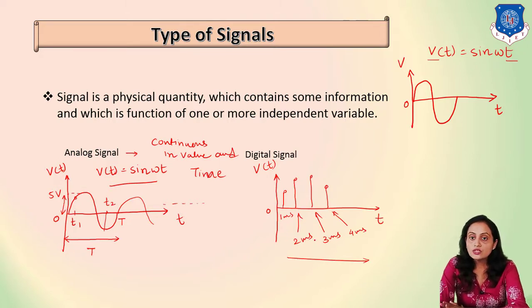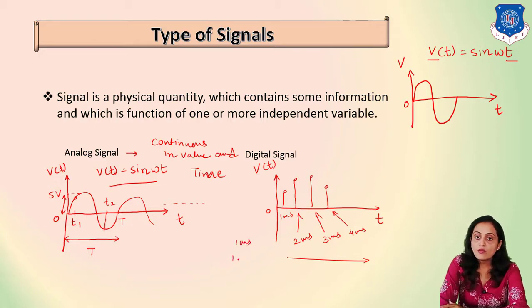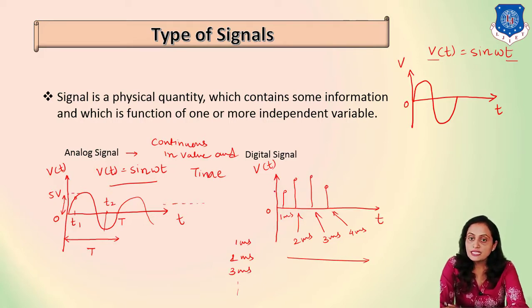From 1 millisecond to 2 millisecond, we have a number of values of time, that is 1.5 millisecond, 1.8 millisecond, but the signal only has a value on some instances, and these instances are 1 millisecond, 2 millisecond, 3 millisecond, and so on. And if we see the values, for example this is 2 volt, this is 4 volt, this is 6 volt, and this is 7 volt.